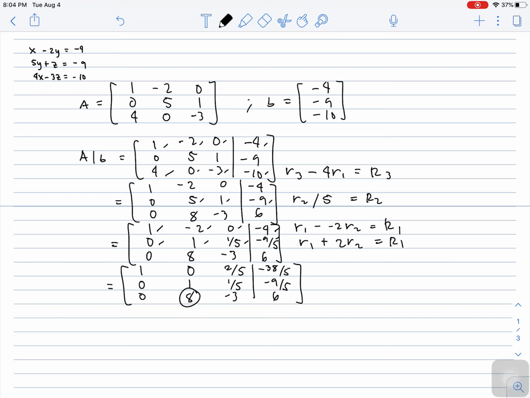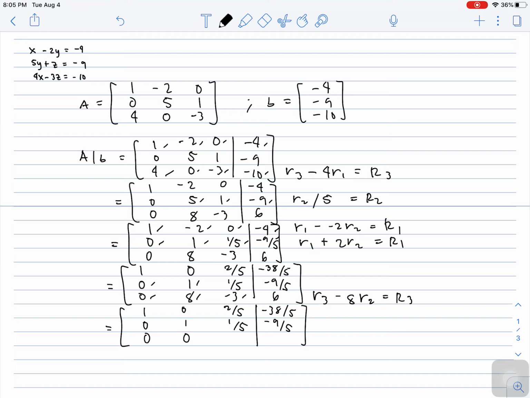So next is the 8 there. r sub 3 minus 8 multiplied by the pivot row r sub 2 is equal to the new r sub 3. So using this formula in the third row, r sub 3 minus 8 multiplied by r sub 2: 0 is 0. 8 minus 8 multiplied by 1 is 0.